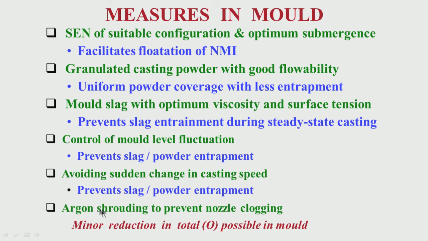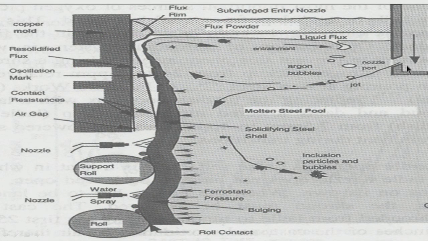Then, as I have told, argon shrouding to prevent nozzle clogging is very, very important. If you do not use argon here, there is a possibility of clogging of these ports, as it happens from the ladle-tundish refractory nozzle port. Here also there is a possibility of clogging.